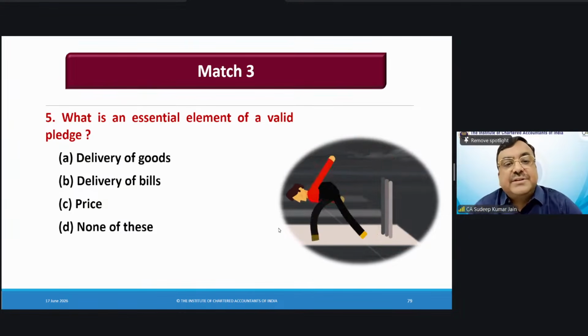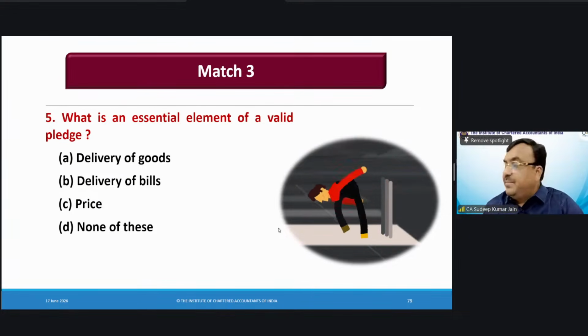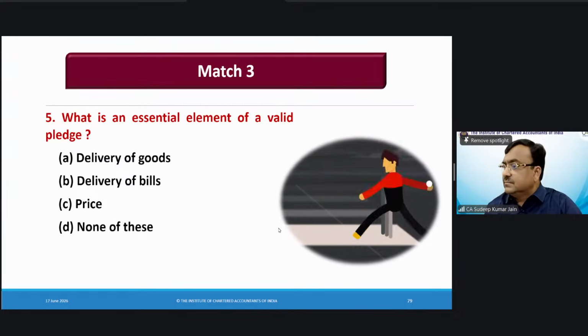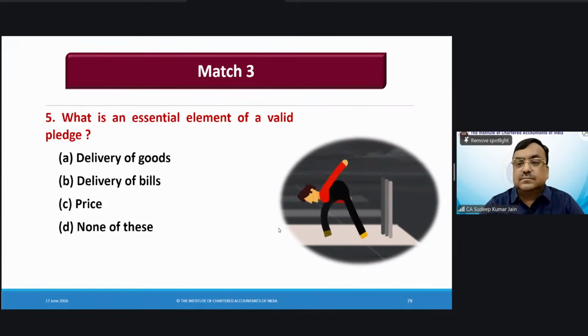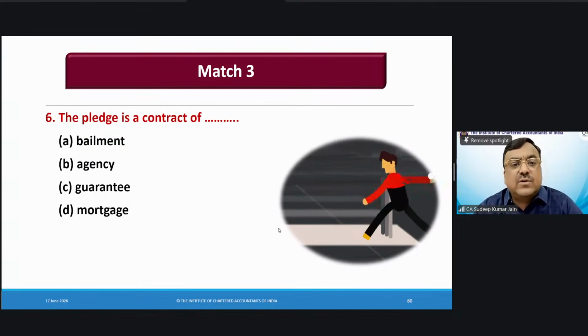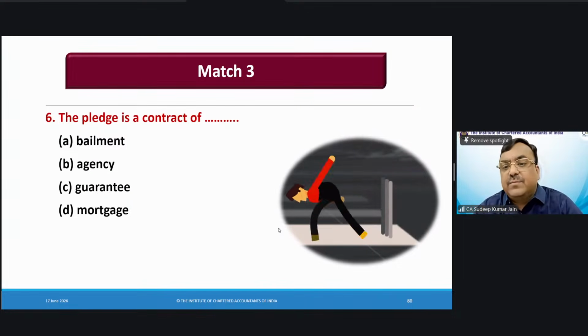What is the essential element of a valid pledge? The pledge is a contract of bailment, agency, guarantee, mortgage.